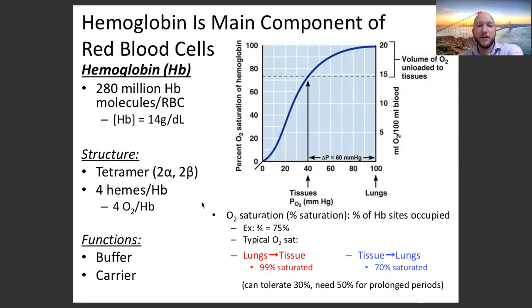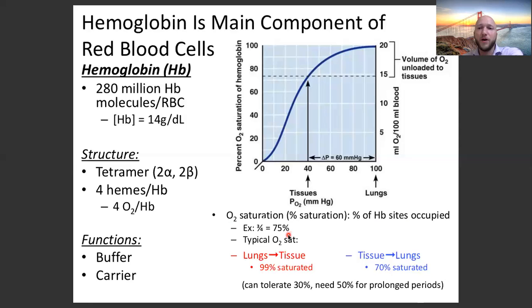An example: if 3 out of every 4 heme molecules were bound to oxygen, 3/4 were bound to oxygen, we'd have 75% saturation. If we have one hemoglobin molecule, there are 4 possible binding sites. If all 4 sites were bound to oxygen, we could say that it was 100% saturated.